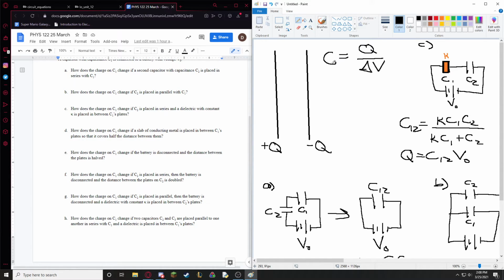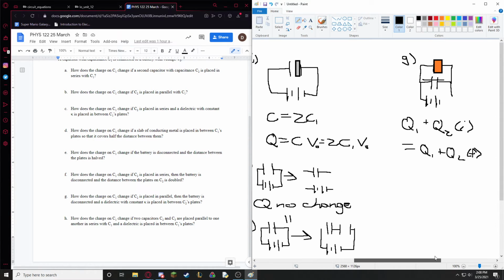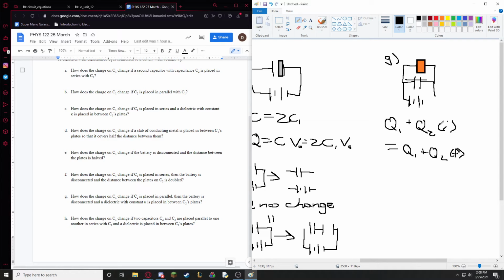We know that because our capacitance increases and our voltage has to stay the same, our charge on C2 has to increase. That means the charge on C1 has to decrease. Does that make sense?